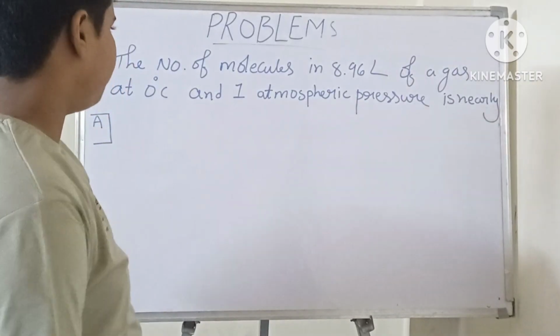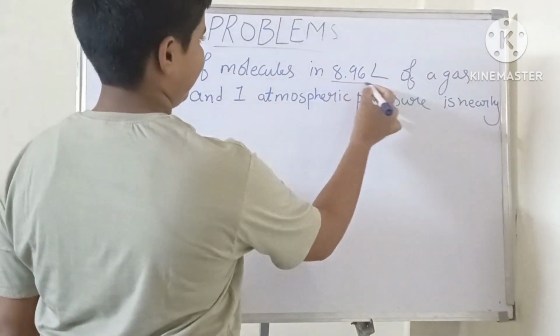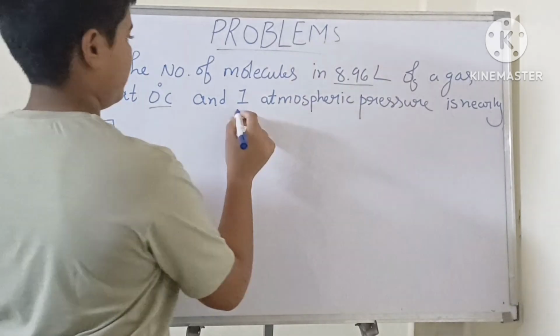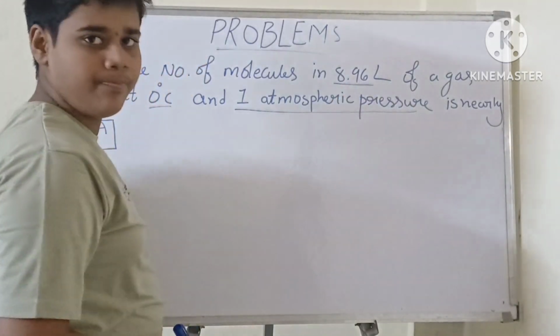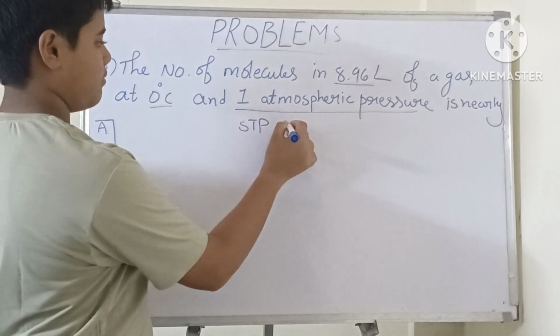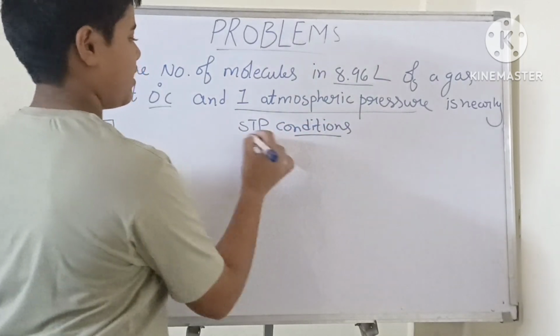And the fifth sum. The number of molecules present in 8.96 liters of a gas at 0 degrees and 1 atmospheric pressure. So we already discussed STP conditions. Here what are STP conditions?